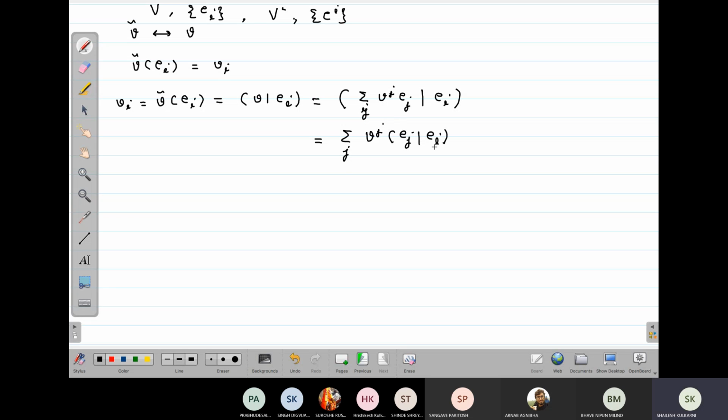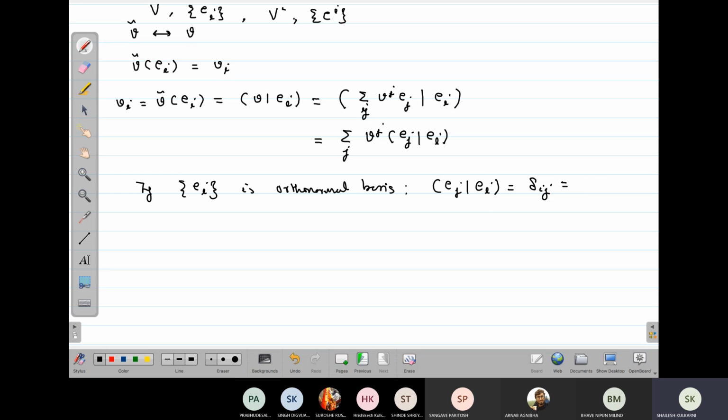Now there is no reason for me to assume that E_j inner product with E_i is delta_ij. Is it clear? If the basis set E_i is an orthonormal basis, then by definition E_j inner product with E_i is delta_ij.